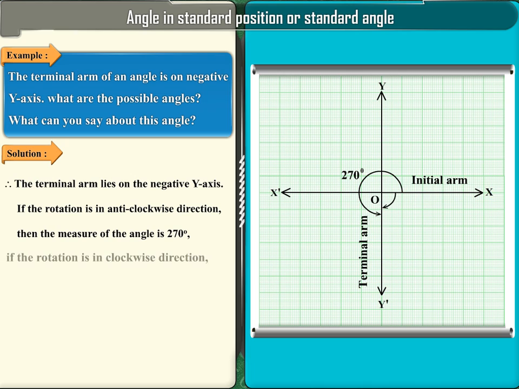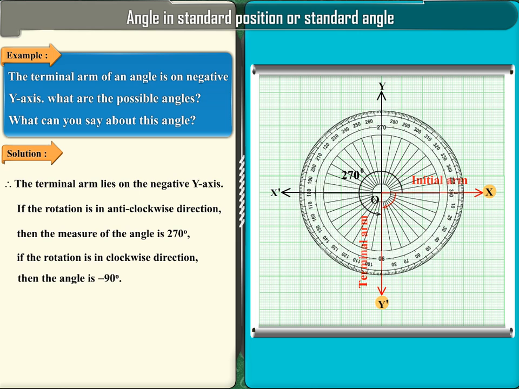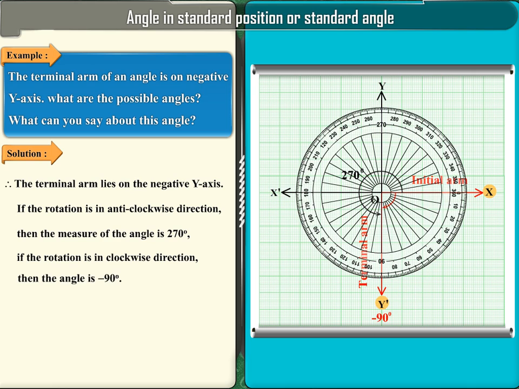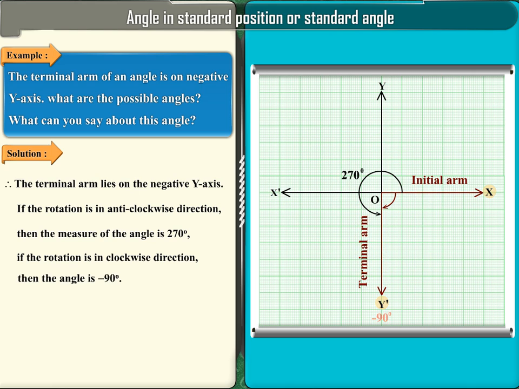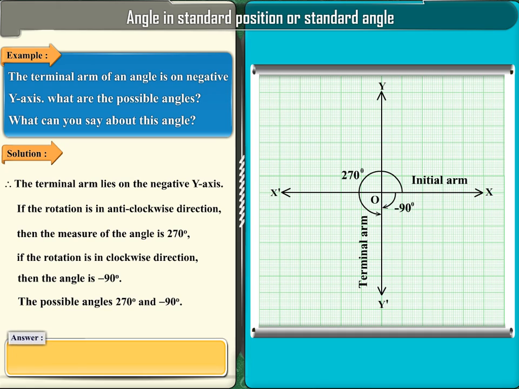And if the rotation is in the clockwise direction, then the angle is minus 90 degrees. So, the possible angles are 270 degrees and minus 90 degrees. And as the terminal arm is on the y-axis, they are quadrantal angles.